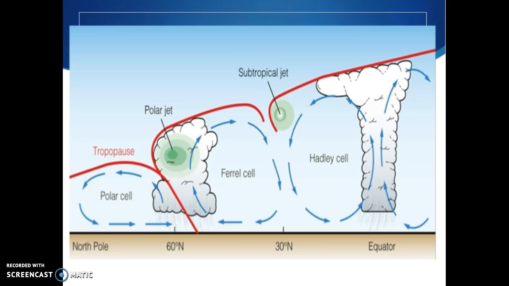And then next, if you look to the Ferrel cell, you can see that it's more clumpy of a cloud, and wind is actually rotating the opposite way. It is very important to see which way the wind is rotating. And then on the polar cell, we see the wind is rotating counterclockwise and also the direction that it is taking.